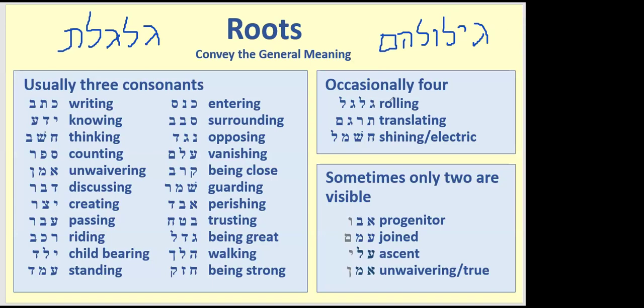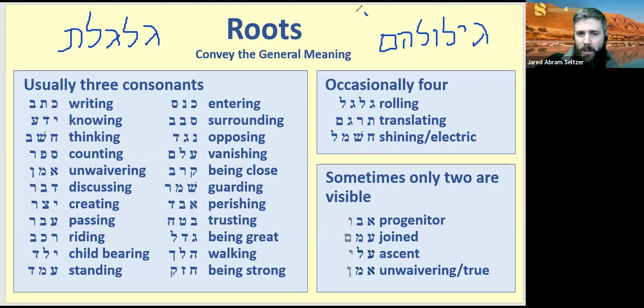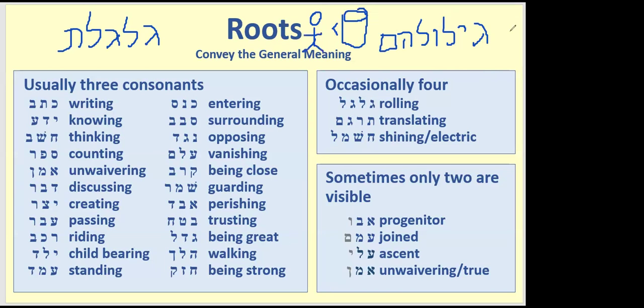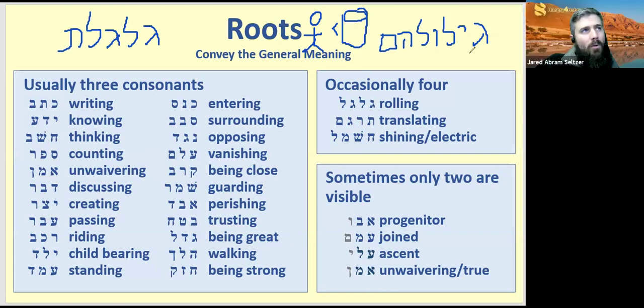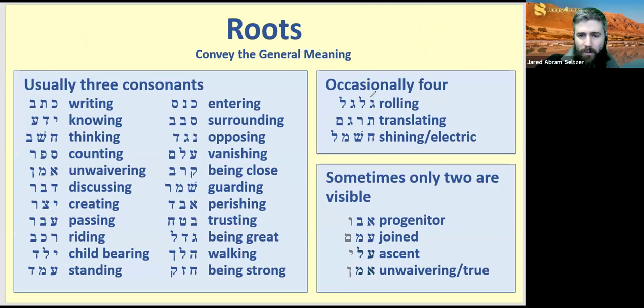What do idols have to do with rolling? Well, easy. You cut a tree down, you take a log, a rolly thing, and then you carve it into some sort of a false god. It's their rolly things that they fall down and worship. It has to do with this root of repetitive motion or rolling.